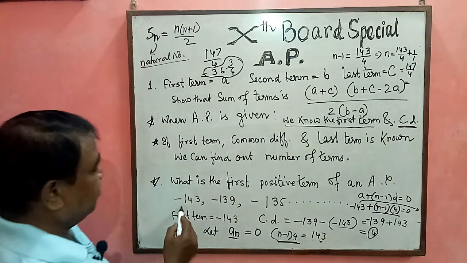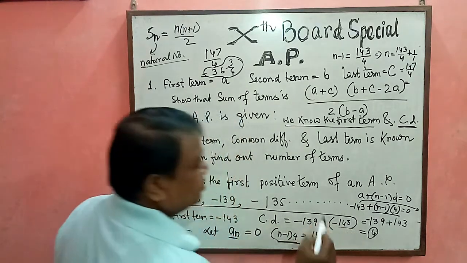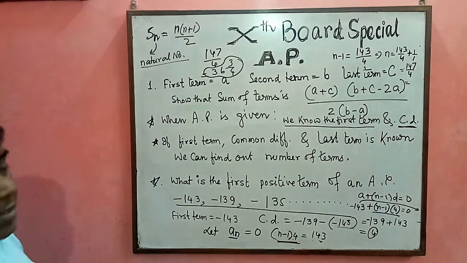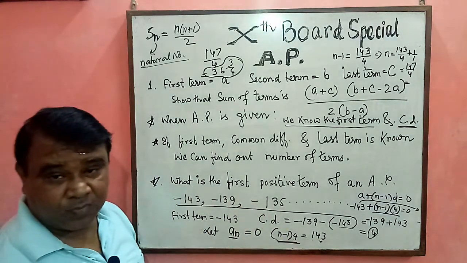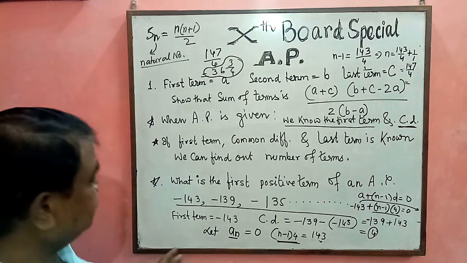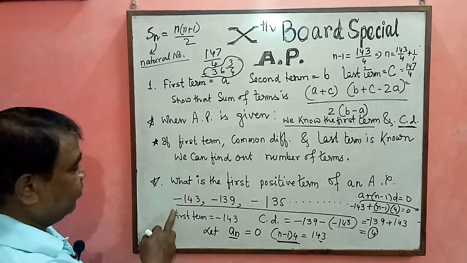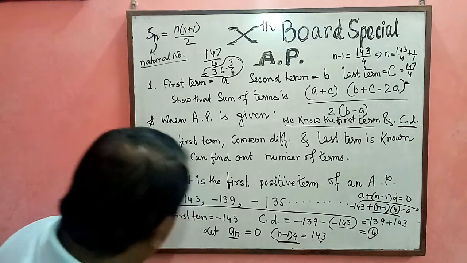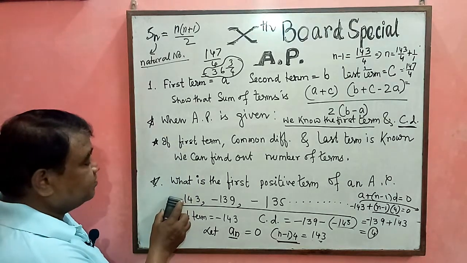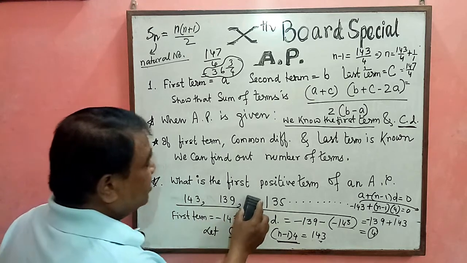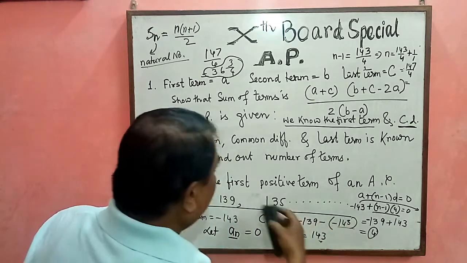Just try to solve this one at home. Practice it. This way, I can give you the same question in another way also. If I just get rid of this minus symbol, so this I can again put in this question.